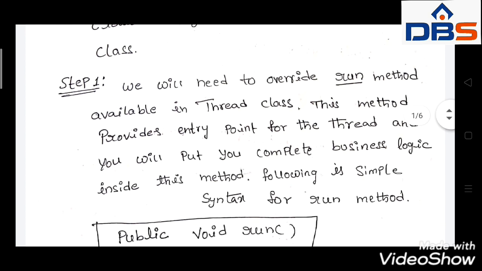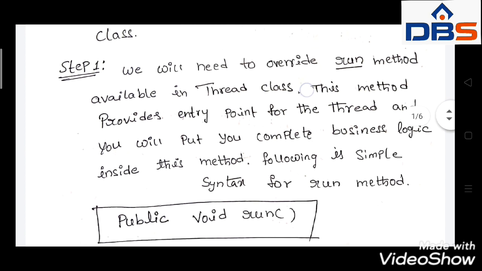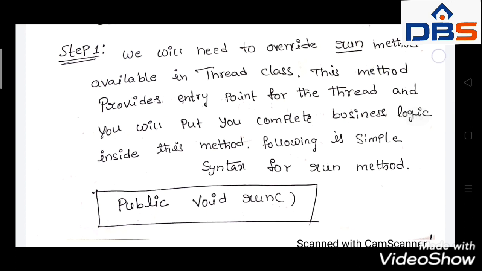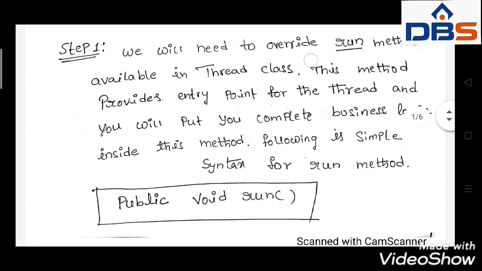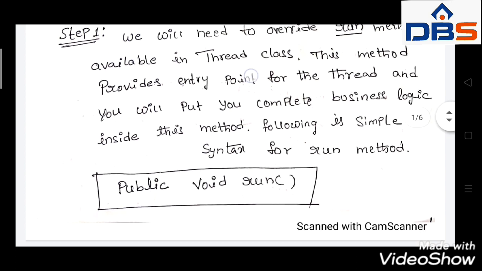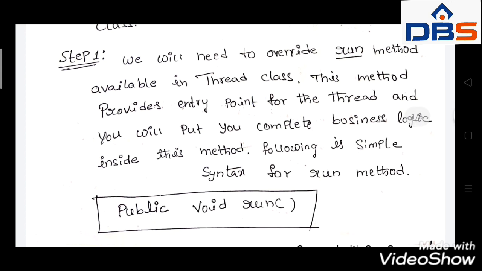Step 1. First we need to override the run method. Already I explained with a program what is method overriding and what is method overloading, so you will recall this point. We need to override the run method available in the Thread class. In the Thread class we have different types of methods, as we discussed in the previous lecture. One of them is the run method.